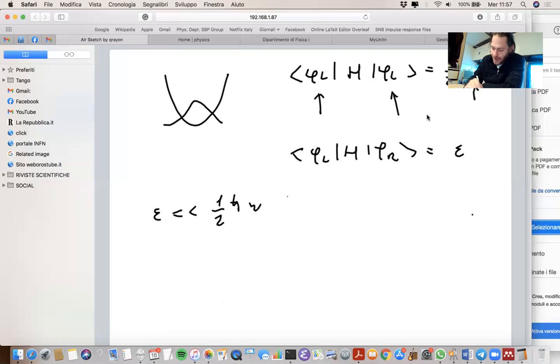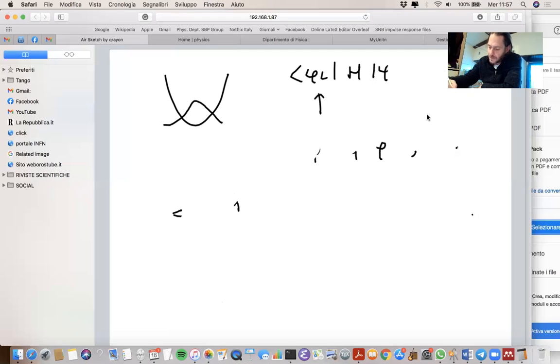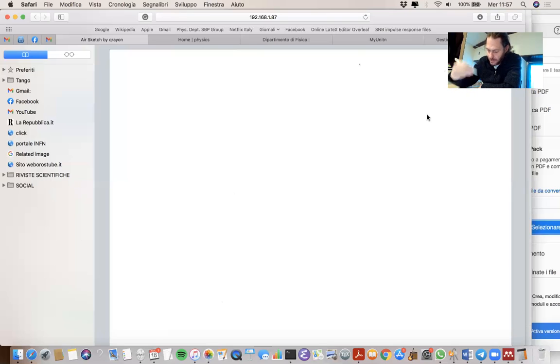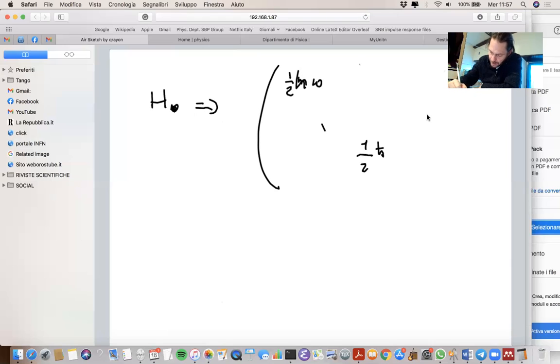Okay, so the matrix I need to diagonalize now is the following: 1/2 h bar omega, 1/2 h bar omega, epsilon, epsilon. Now, clearly, let's look at this problem.